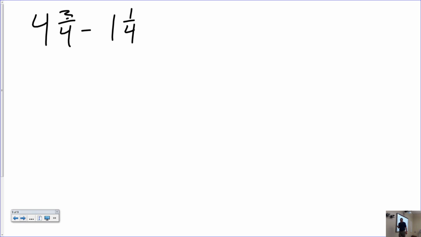So what happens when you subtract mixed fractions? Again, you can go down both of those same rules, folks. You can either make these fractions improper and subtract, or if the numbers are nice, it is okay to subtract the whole numbers and then subtract the fractions.